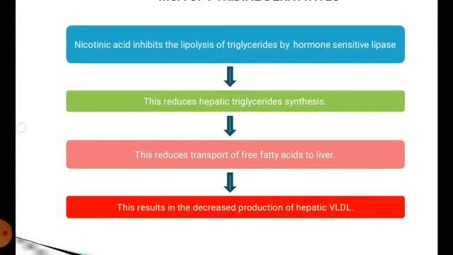This reduces hepatic triglyceride synthesis. This in turn reduces transport of free fatty acids to liver. This results in the decreased production of hepatic VLDL.